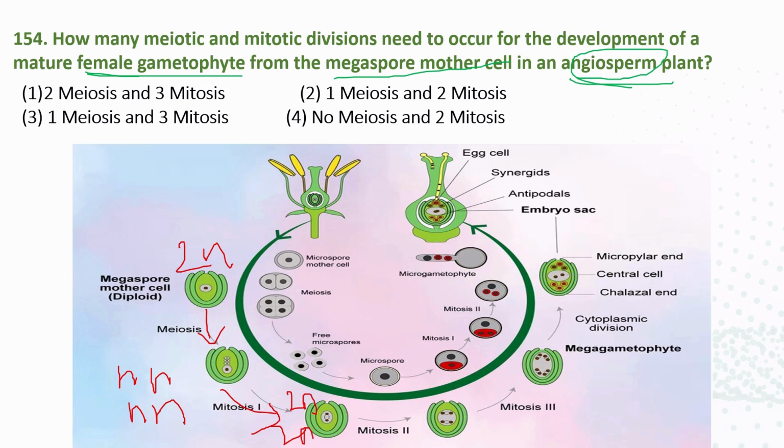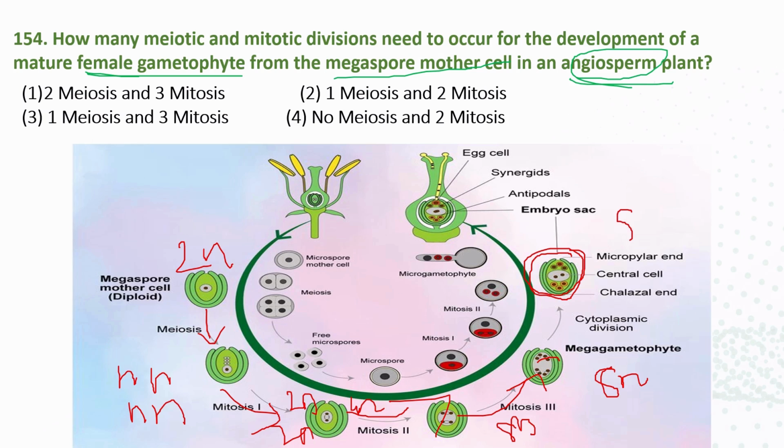When these undergo mitosis 2 division, they form 4 nuclei, and then again mitotic 3 division to form 8 nuclei, 4 at one end and 4 at the other. These are arranged in the form of an embryo sac, which is the female gametophyte.